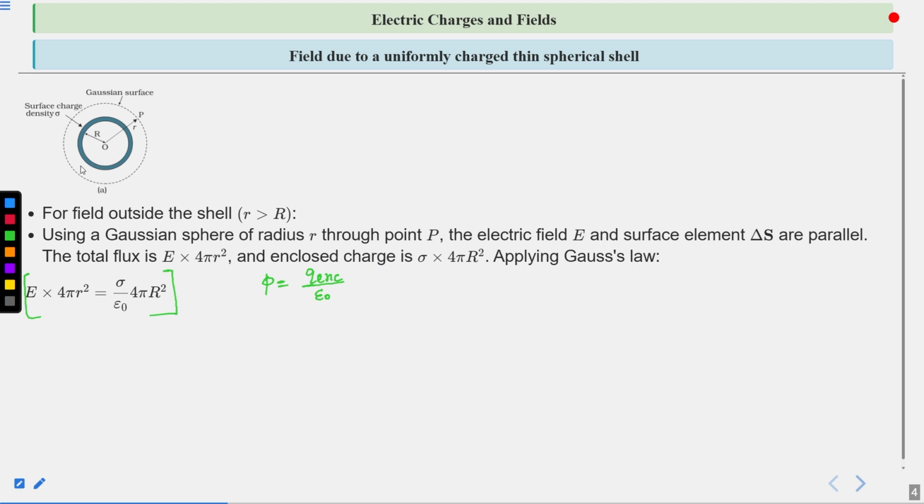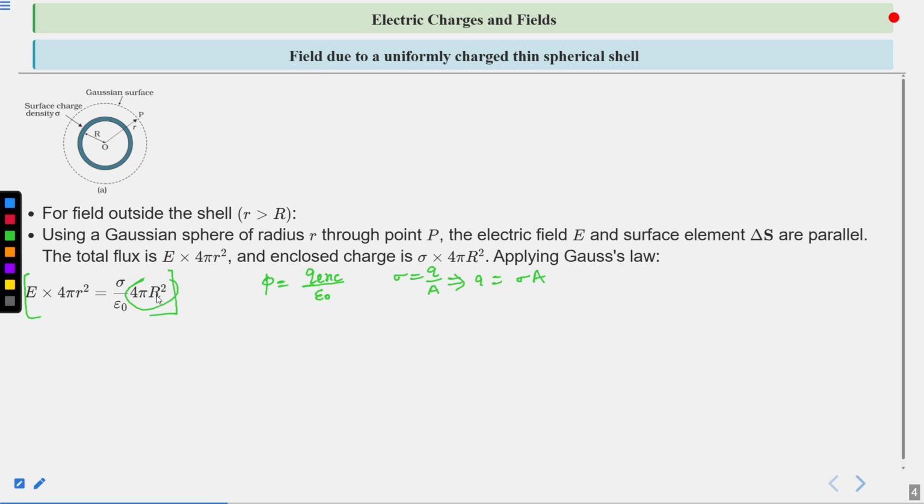Here the density is surface charge density, it means sigma is equal to charge upon area, and charge will be sigma into area. The area is 4 pi R square. So just substitute the value of the area, and you will get sigma 4 pi R square divided by epsilon naught.